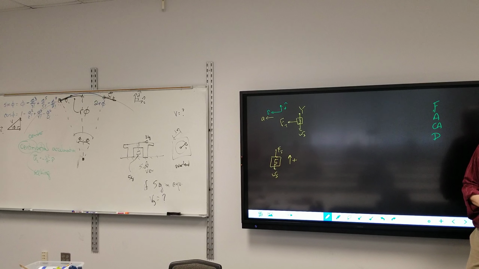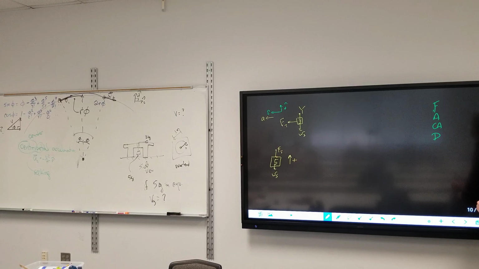Decomposition: what vectors do I break up? Equations of motion: how many equations of motion will there be? The weight of the masses, so is that one equation or two?